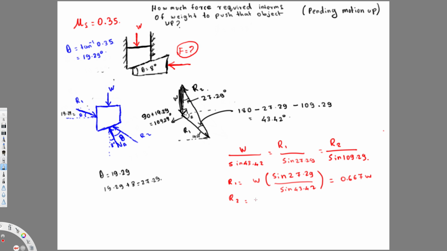So this is going to be W times sine 109.29 over sine 43.42, which is equal to 1.373 W. So we have this information from the top diagram. So let's move to the bottom diagram.